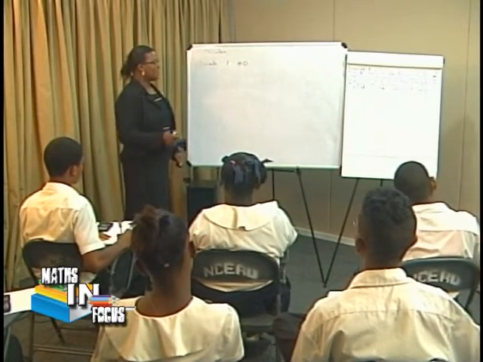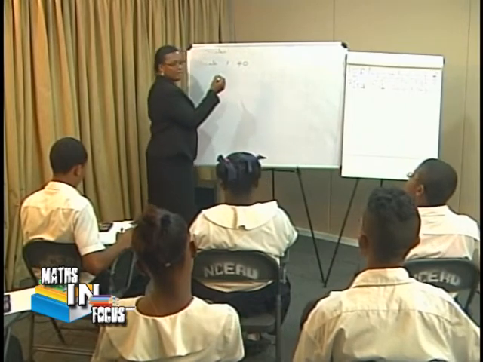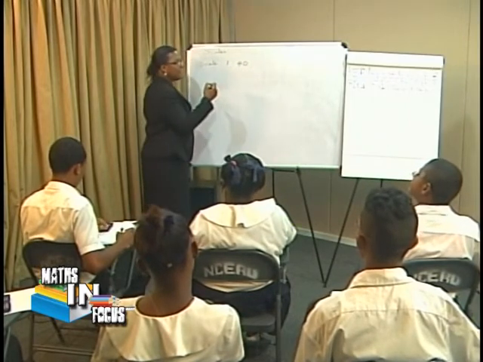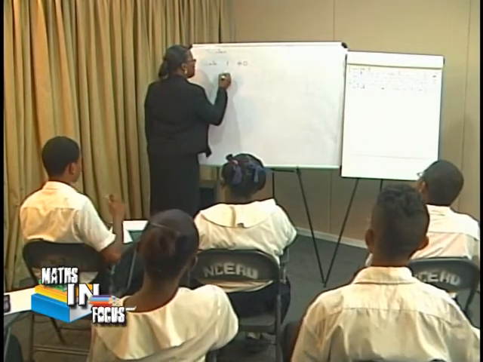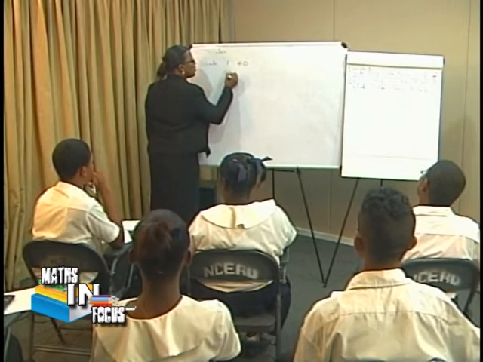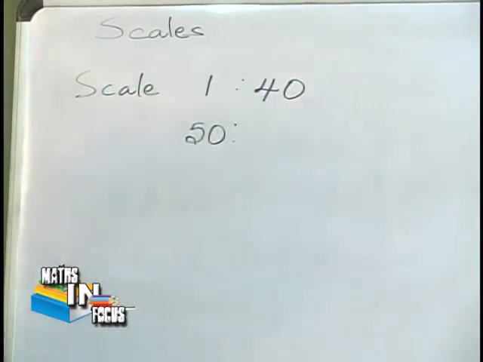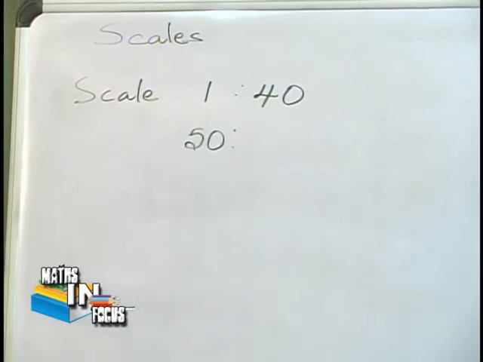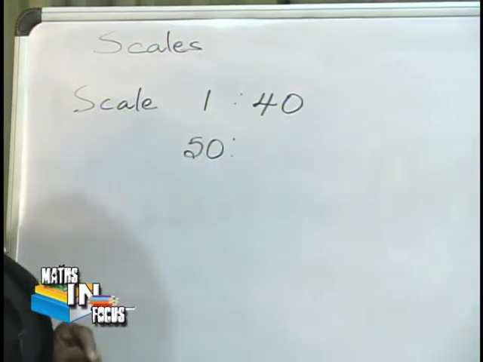So we say 1 to 40. Now we say we have 50. So if we have 50 on the ground, what is the actual length that would correspond to this 50 cm? 2,000. How did you get 2,000, Jonathan?